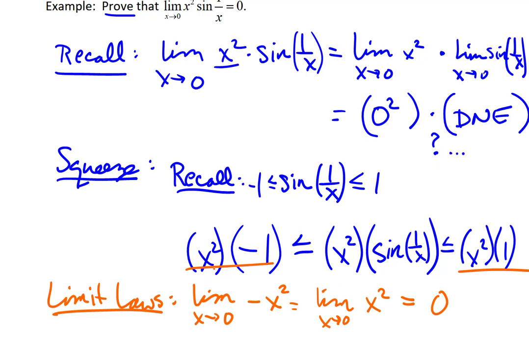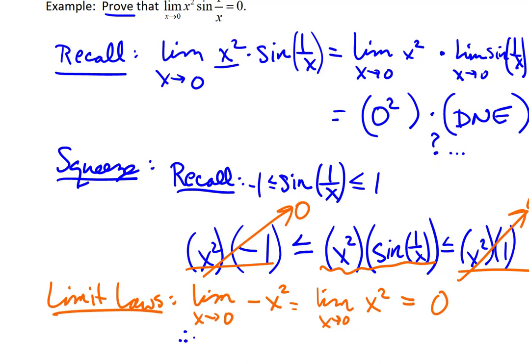Now, if the outsides of this inequality are both approaching 0, as we've stated, then what the squeeze theorem states above is that what's in the middle must also be squeezed in and approach the same value. Well, that's exactly the limit we want to evaluate.